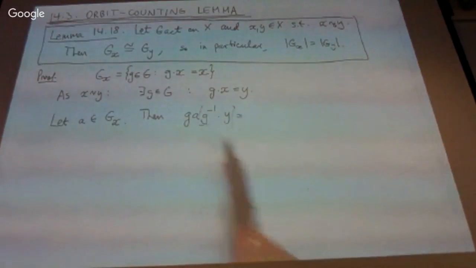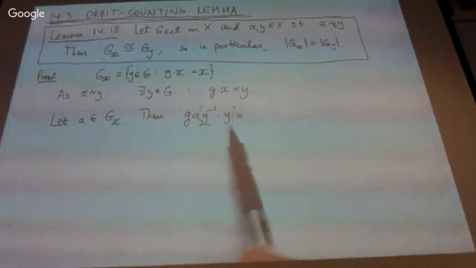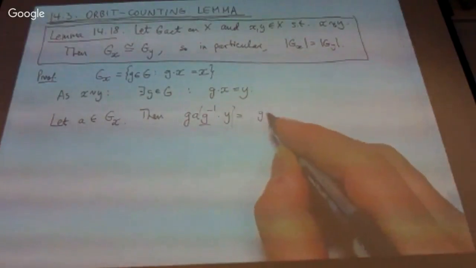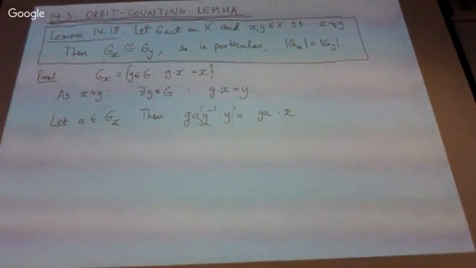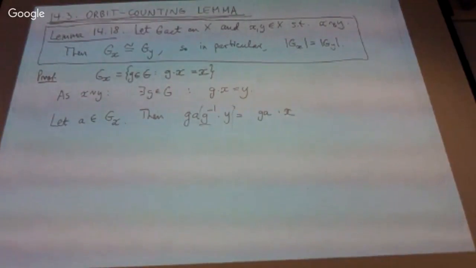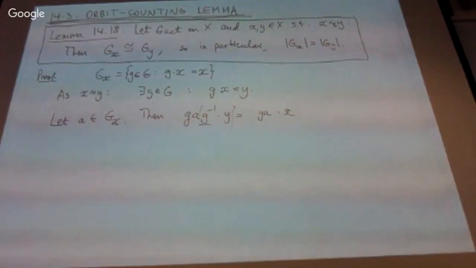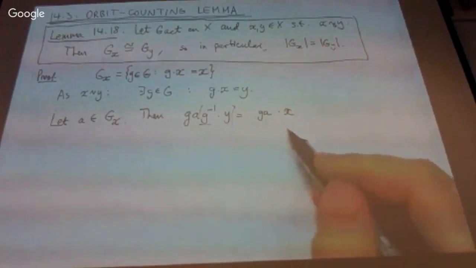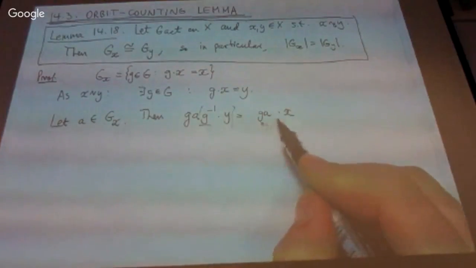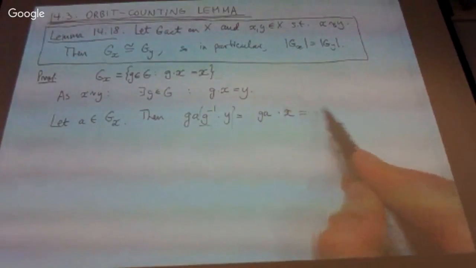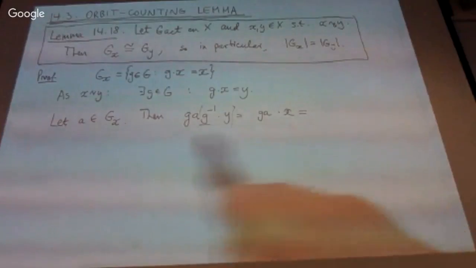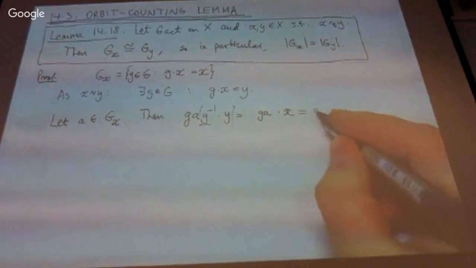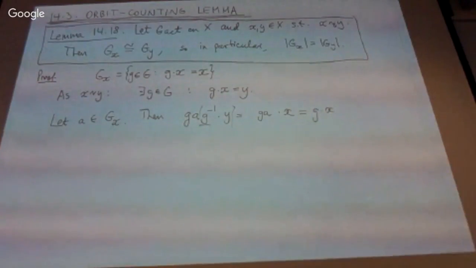We saw that if g is taking X to Y, g inverse is taking Y to X. So this is the same thing as acting by g a on X, and that's the same thing as acting by a first. So what does a do to X? Nothing, because it's in the stabilizer. So it's the same as acting on X by g.